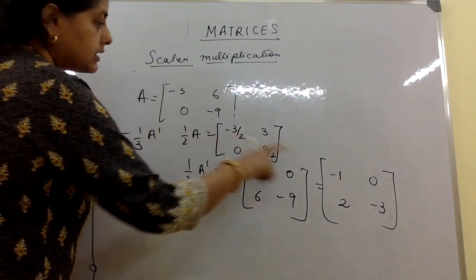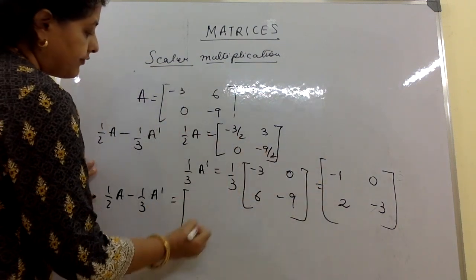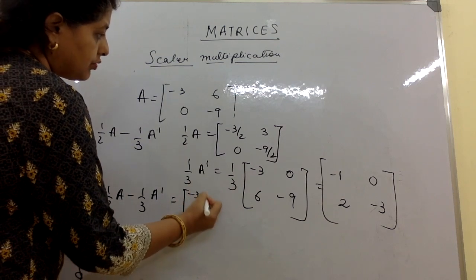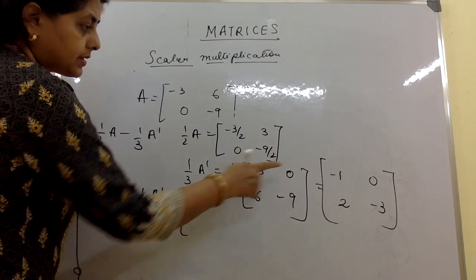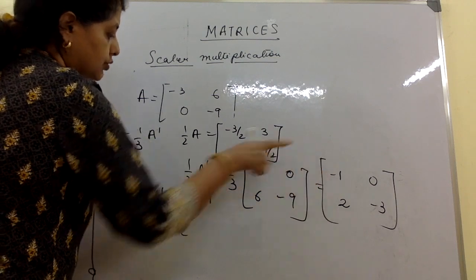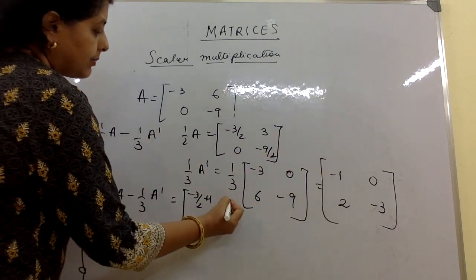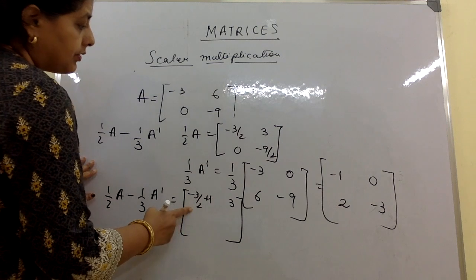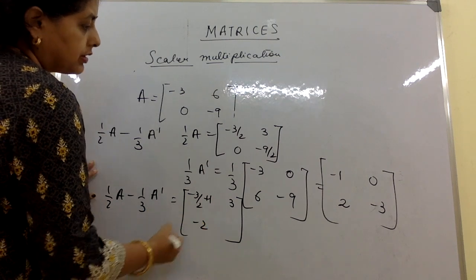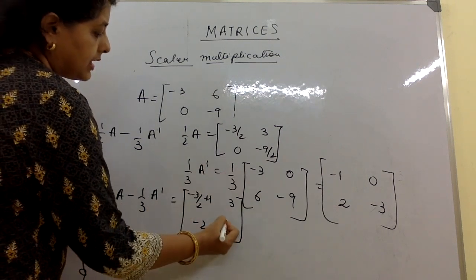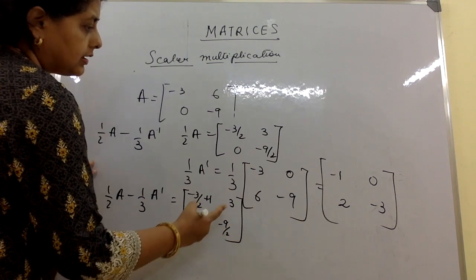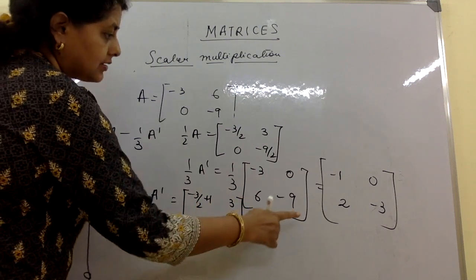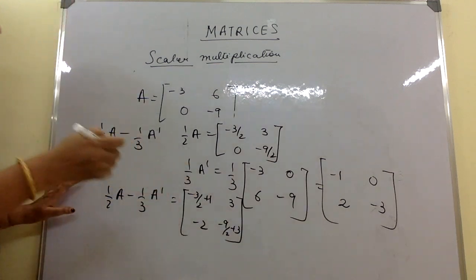That means from this subtract that. So if I write like that, minus 3/2 plus 1, I am subtracting, so minus 1, that makes a plus 1. 3 minus 0, that is a 3. Okay, this is 0 minus 2, that's a minus 2, and minus 9/2 and then plus 3 minus 3, that makes it a plus 3.